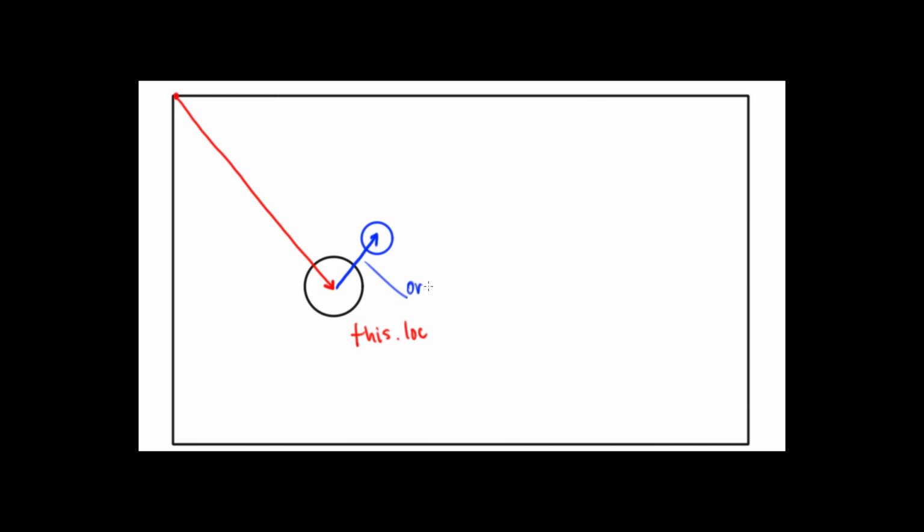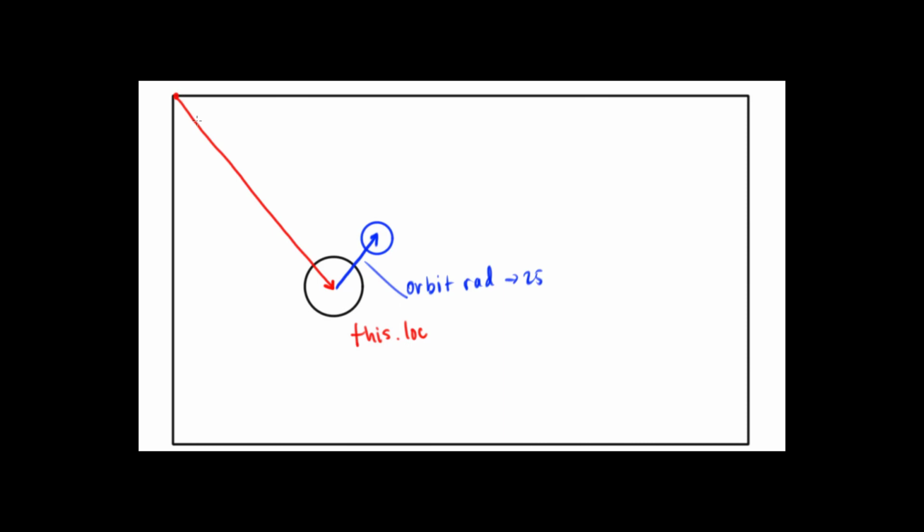The orbit radius is how far away it is from this dot loc, the mover's location. So orbit radius, and I think we set that equal to 25. Now, if I want to find out what its location is, I simply add those two vectors together. I get a brand new vector, and we've written a function to do this.